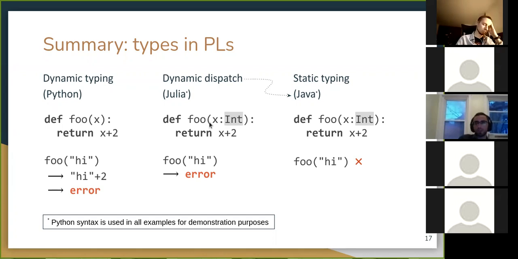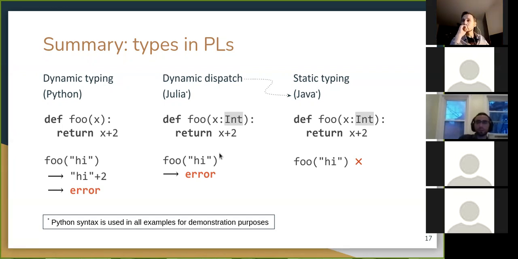Right. If you don't enter the bad branch at runtime, you just don't have any errors. So with dynamic dispatch in Julia, where we don't have any static checking, if the program actually never reaches the bad execution path, then you're good.